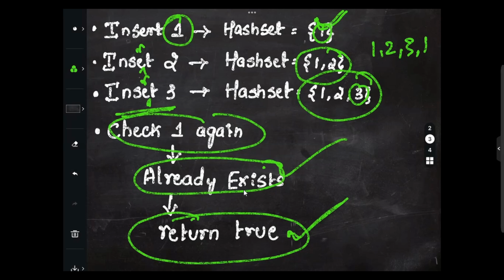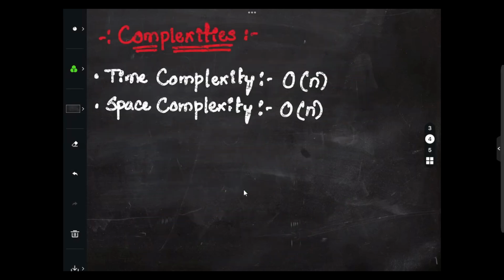I hope the approach part is completely clear, right? Easy to understand. So let's come to the complexities part here. The time complexity would be big O of n, quite obviously. Why?